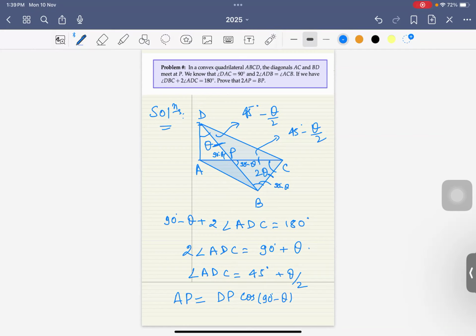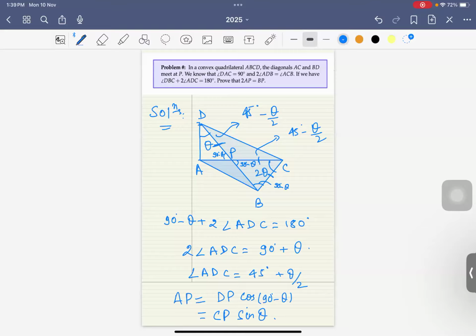Cos of 90 degrees minus theta is sine theta. DP is as good as CP, and CP is whatever CP is, we'll come to that. So AP is equal to CP sine theta, right?